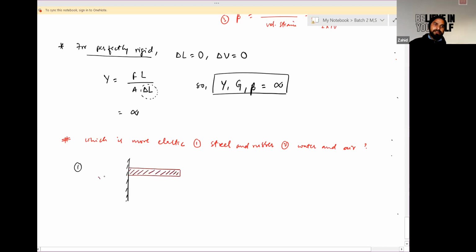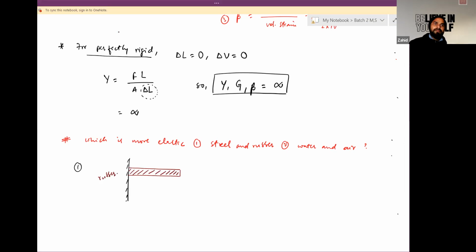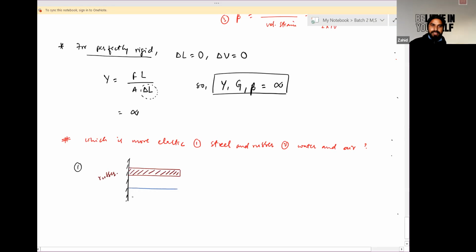Let's say this is rubber. Next is steel. I have taken both as identical to each other in terms of length and area of cross section. Is it clear?